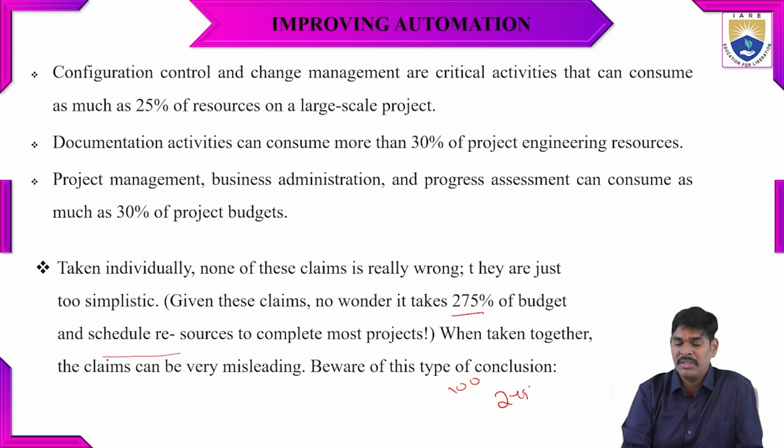It means 275% of the budget will happen, and the schedule will be much longer. So that's why we need to minimize. There should not be any misleading of the clients when you are doing manual tasks.